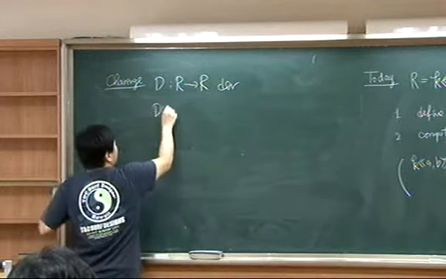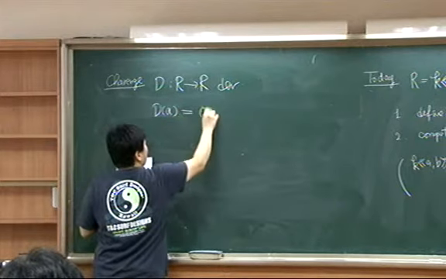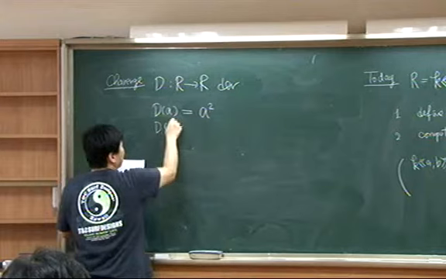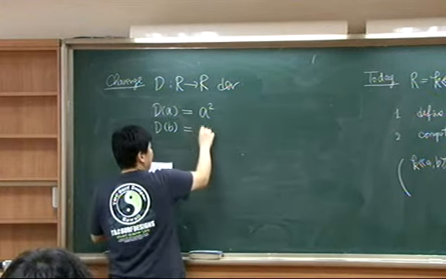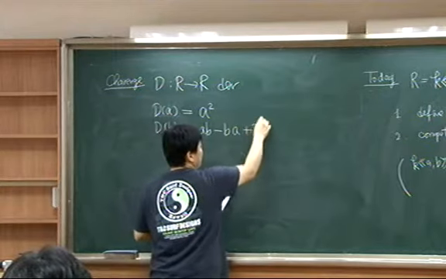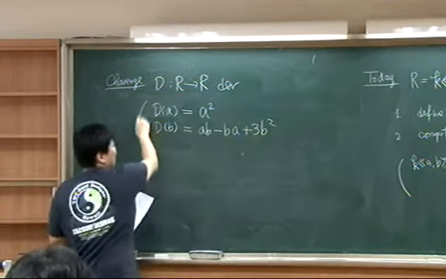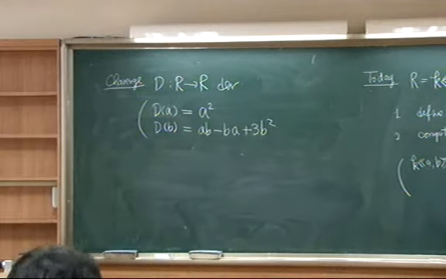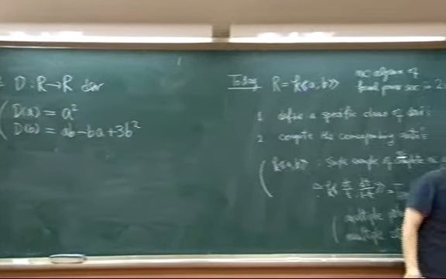Defined by, okay, this is the same as before, but AB minus BA plus 3 times B squared. In this case, the computation of the nth composition was quite difficult.